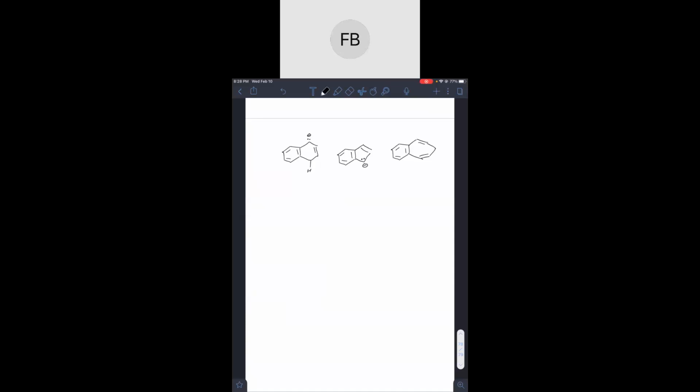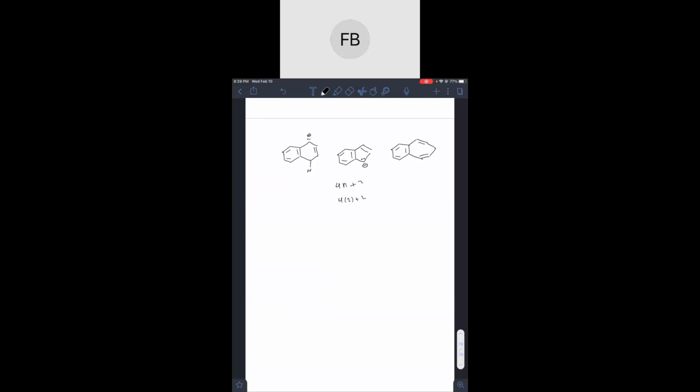Number two, it has 10 pi electrons, which fits our formula, 4n plus 2, where n is simply 2.